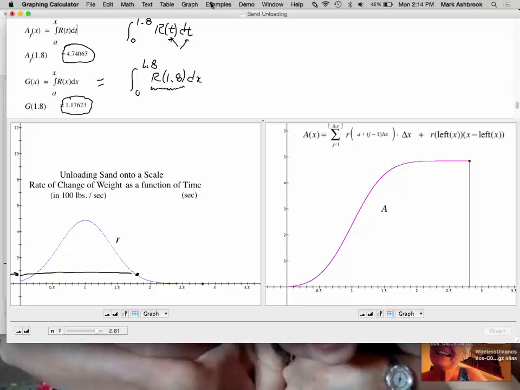X means the ending value, the current value of x at the end. And then in between that, if we're going to accumulate, we need all the different rates in between. So we need a new variable representing that changing rate, or allowing for the rate to change. If we just plug the final value of x into the rate function, we'll get a constant rate for that whole time.